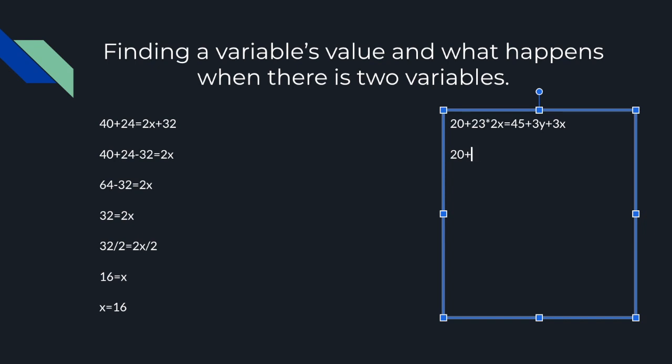And 23 times 2x is 46x. Pretty easy. And yes, I know sometimes your brain might be so confused about what to do when you have multiplication like this, because I've tried to do it before and that's happened to me. But it's actually really simple. Just do 23 times 2 and add x at the end.